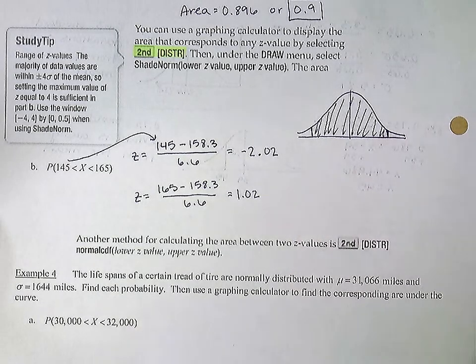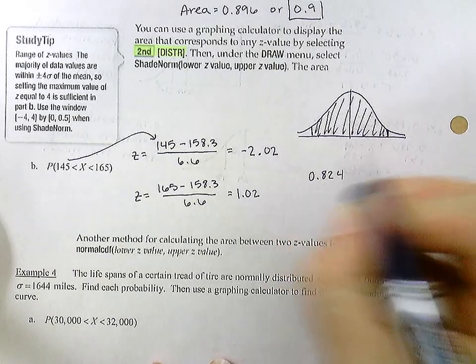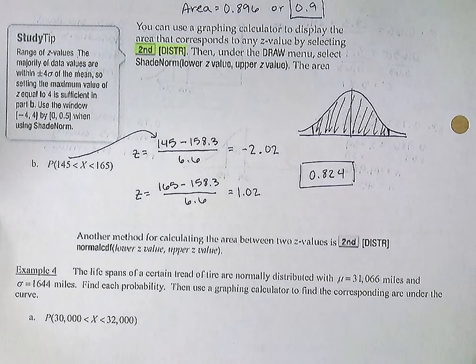Then what does the area say for it underneath that curve? Okay, so that would be 0.824. That would be your probability of people between those two cholesterol levels.